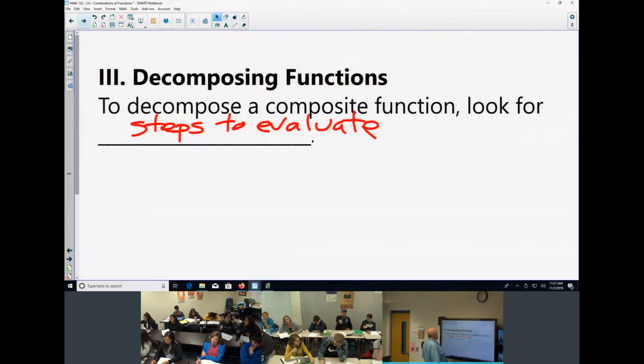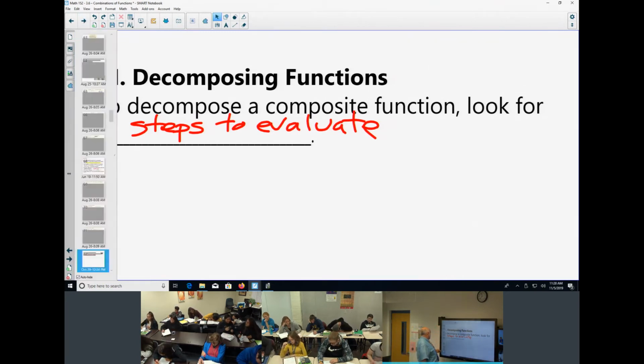Okay, there we go. So to decompose a composite function, you look for the steps to evaluate. What I mean by that is that you look for how you would break it down.